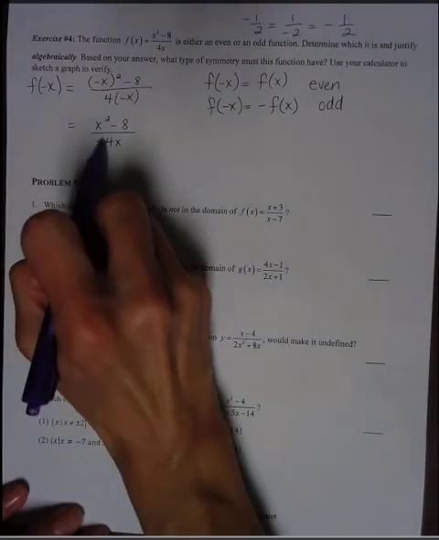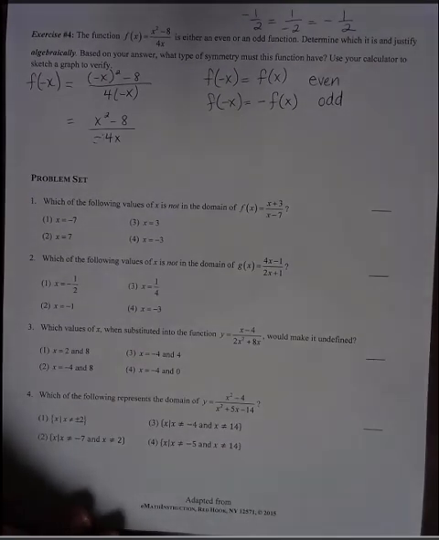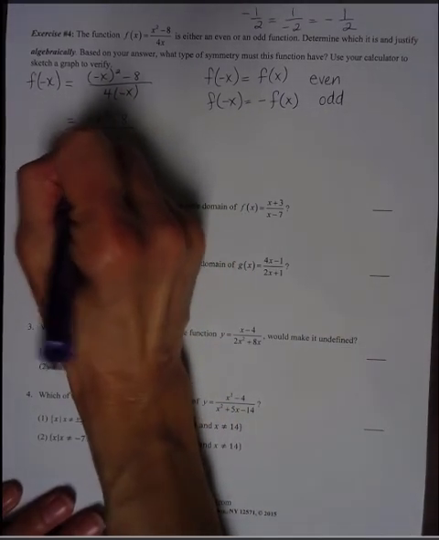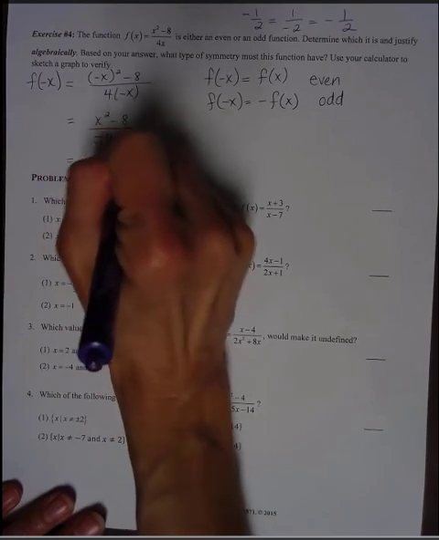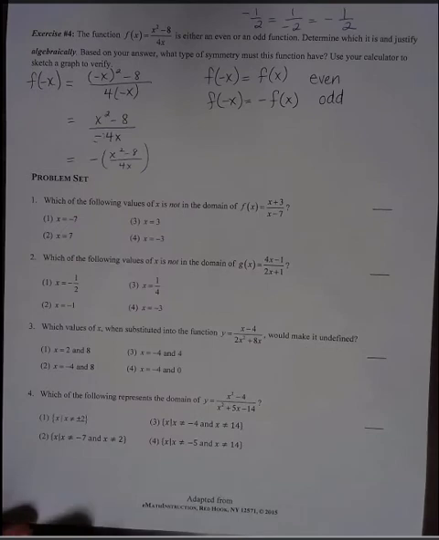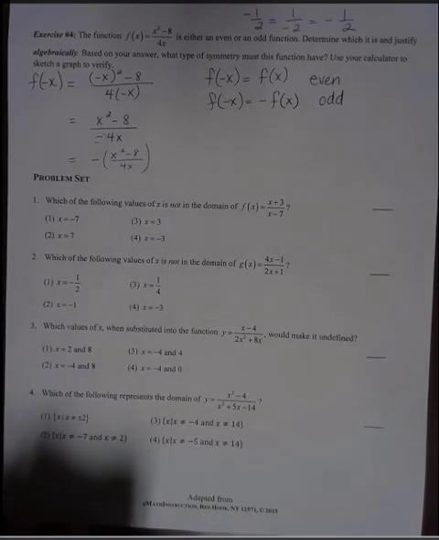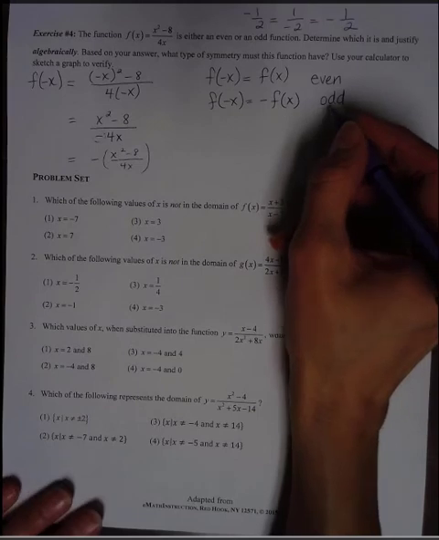So does this negative indicate that the whole function is negative? Okay. And so, I mean, could we pull this negative out here? Could we divide it into the numerator and have it over 4x? Is that the same thing? And I would say yes. So we would say that this is an odd function.